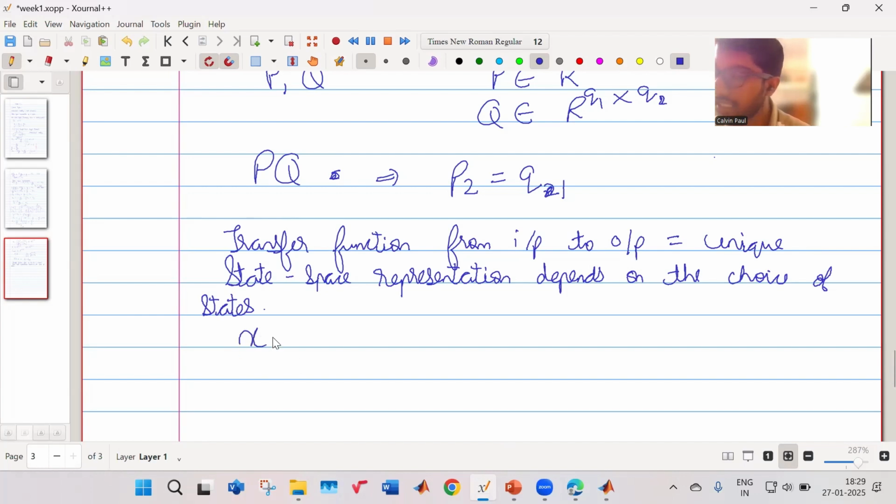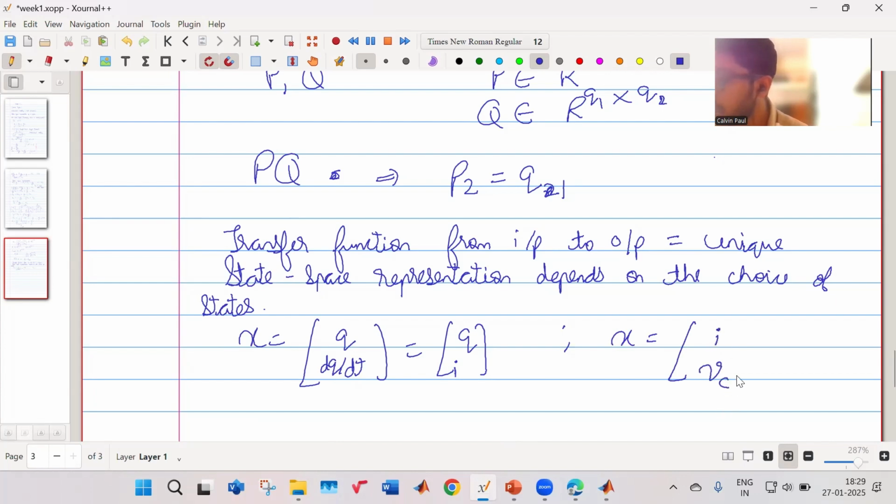So in our first example, we chose q and dq by dt, or actually q and current. But as madam pointed out, we can also choose the states to be the current through the inductor and the voltage across the capacitor.